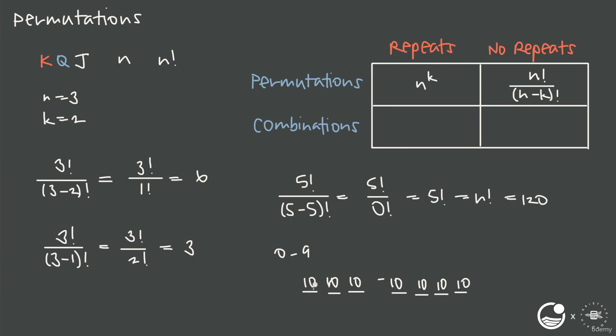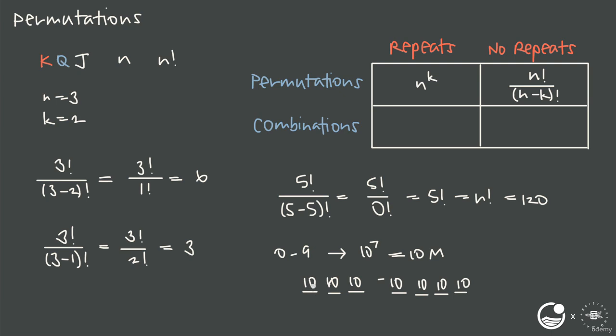So we're picking from 10 things, we're picking 7 times, which means that in this phone number example, the number of phone numbers we can build is given by 10 to the 7, which is equal to 10 million. So there are 10 million 7-digit phone numbers that we can make if we allow ourselves to use all 10 digits 0 through 9 and repeat them as many times as we want.